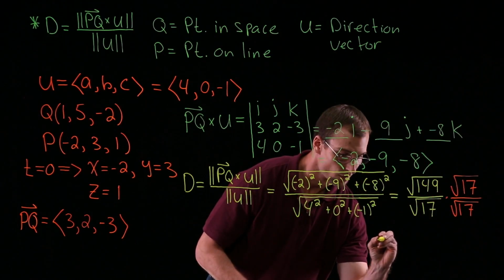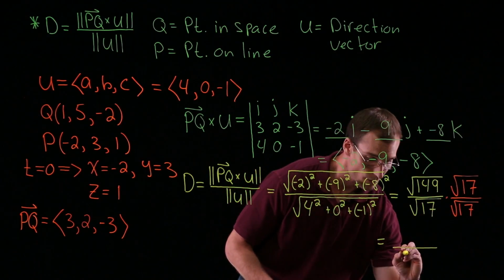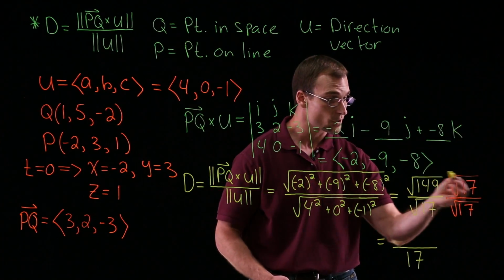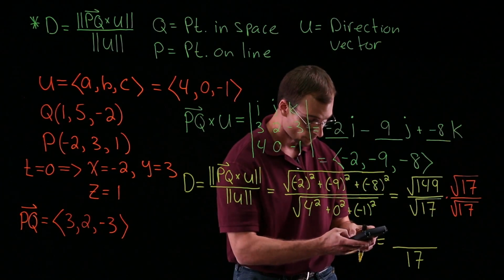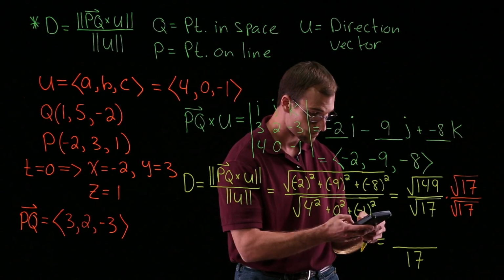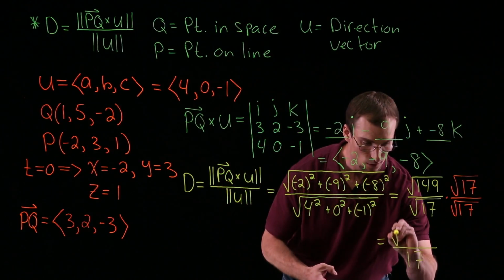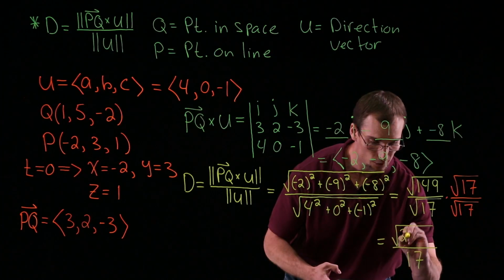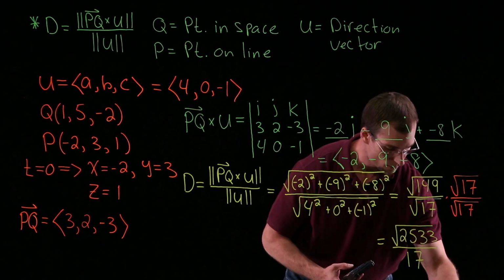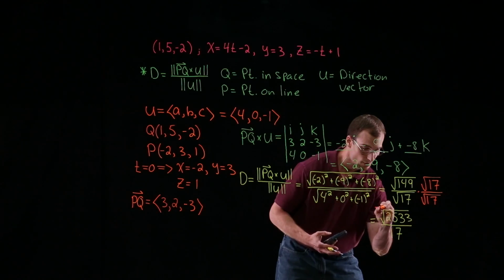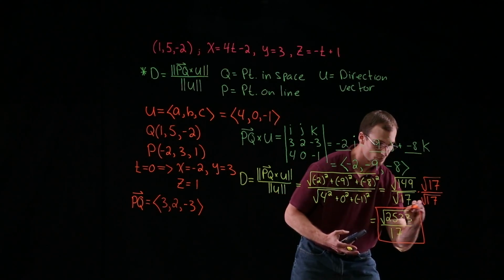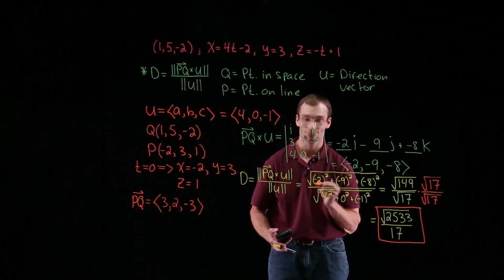That gives us just 17 in the denominator, and we simplify the numerator by multiplying 149 and 17 under the square root, giving us the square root of 2,533. So our distance from the point to the line is the square root of 2,533 divided by 17. Thank you very much.